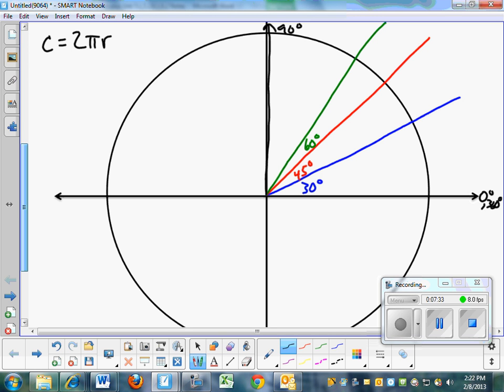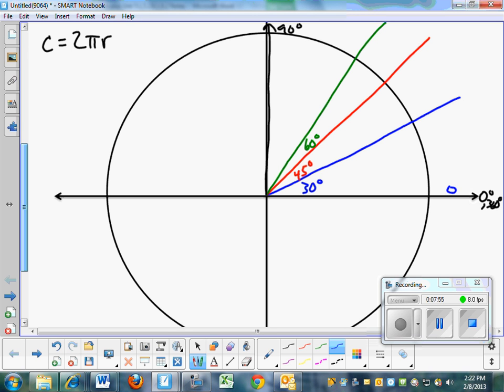We have 0 degrees, and then once around is 360 degrees, right? So if we cut off 0, that will be the same as 0 radians. Well, let's say I draw an angle where I go all the way around. What's the distance all the way around a circle? 360 degrees.